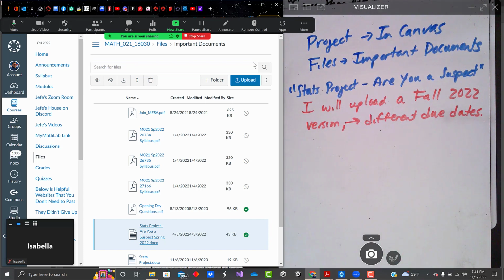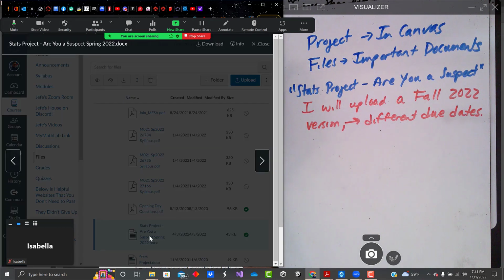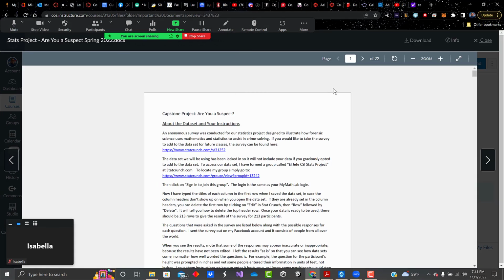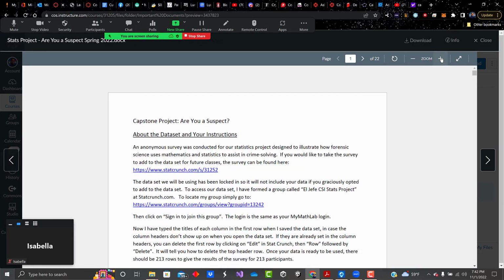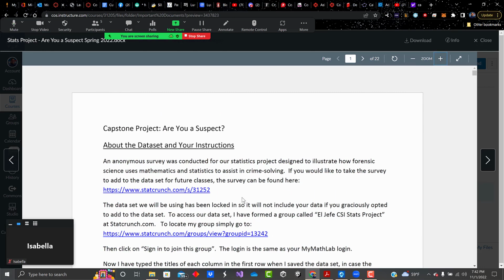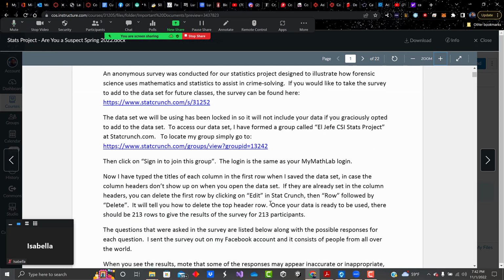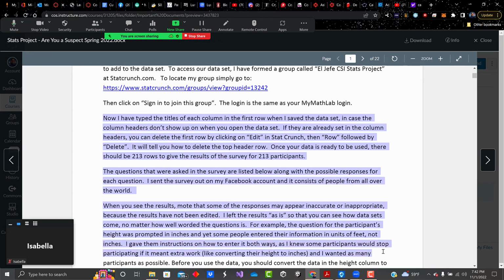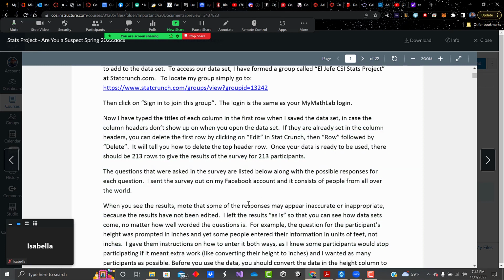So let me load it back up and give a quick walkthrough of what you're doing. Read it first off. It'll tell you where to get the data, and I give you tips on how to deal with some of it. Some of the data is not the way you want it, so read this and follow what it says.